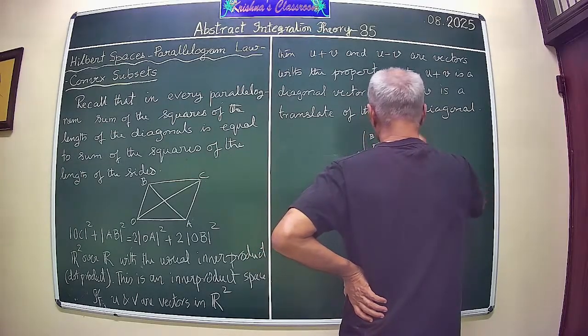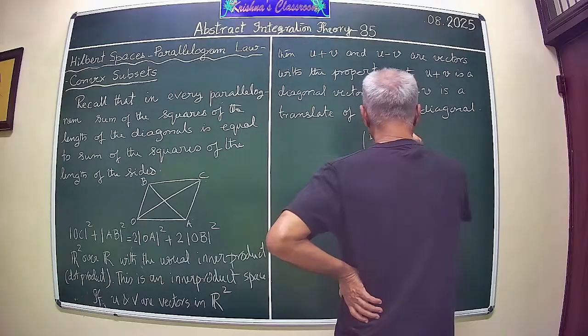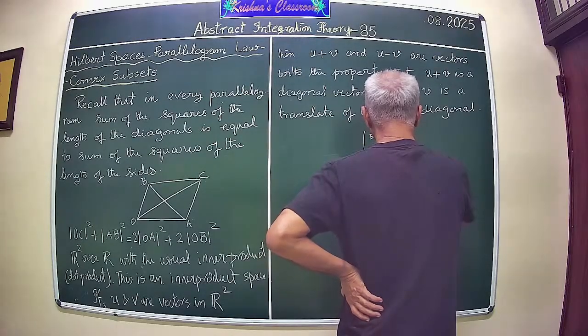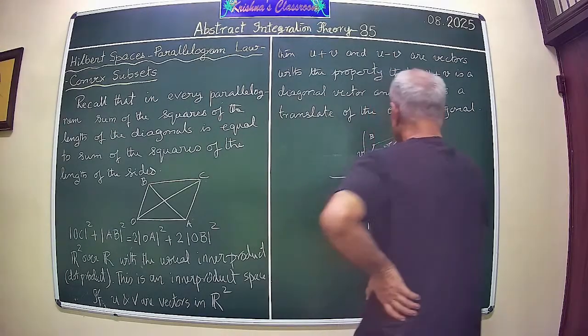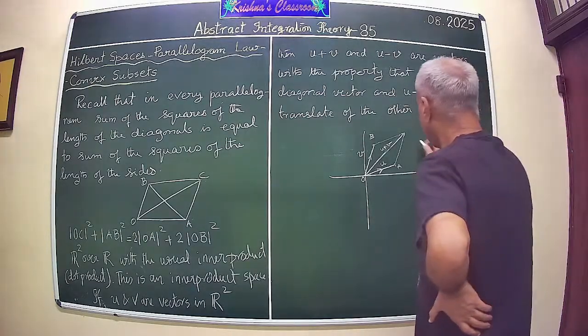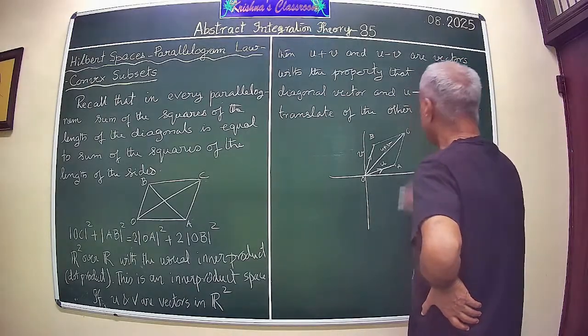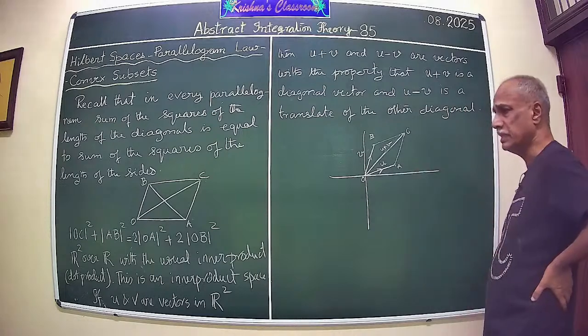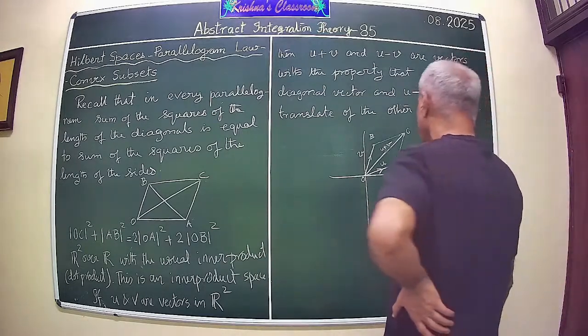It is through the parallelogram. So U plus V is the vector which is the sum of the two vectors U and V given by the diagonal OC of the parallelogram, because addition takes place using the parallelogram.